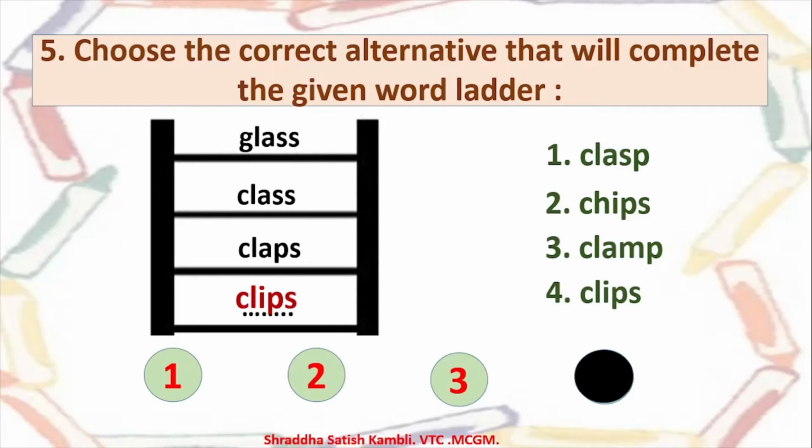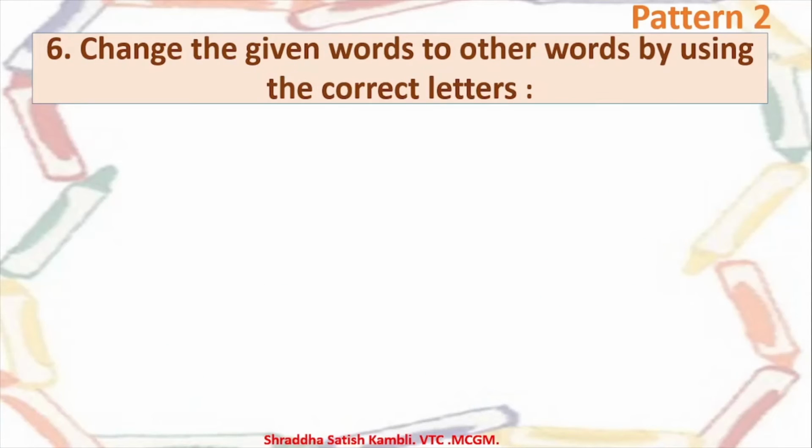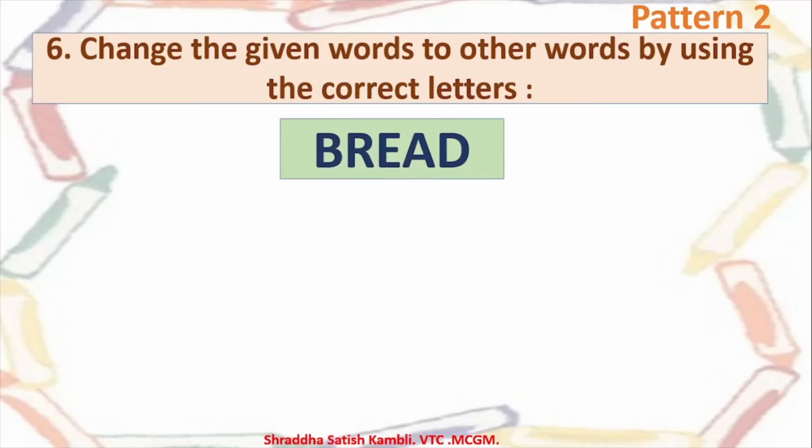Alright children, so this was pattern 1 for you, and 5 questions from pattern 1. Let us take pattern 2 now and start with question number 6. Change the given words to other words by using the correct letters. So this pattern will be like this. There is this particular word. You have to change the word to another word by using the correct letters.